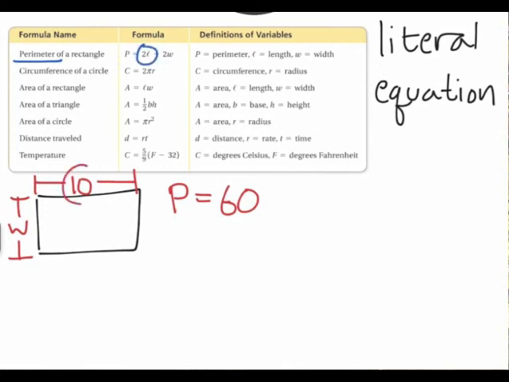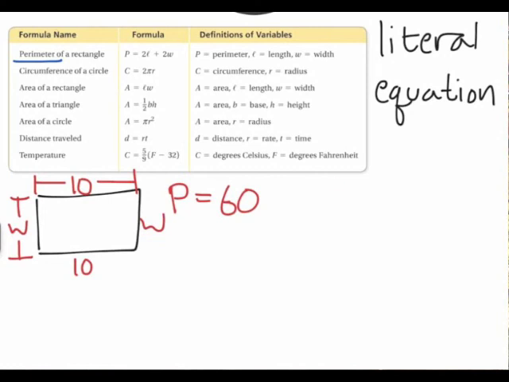Because there's a length up here and there's a length down here. And then add to that 2 times the width, right? Because there's a width over here and there's a width over here. Okay? So 10 plus W plus 10 plus W. And of course, a shorthand way to say that is this formula right here. So if in this problem I want to find the width of this shape, how would I do that?